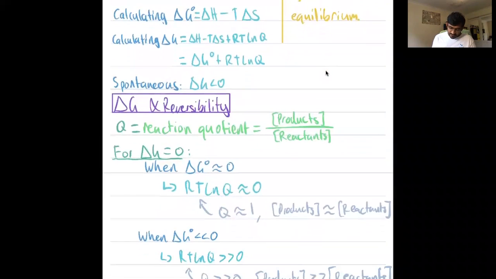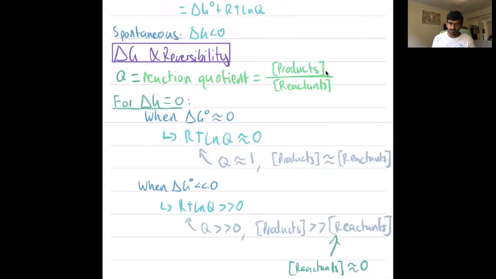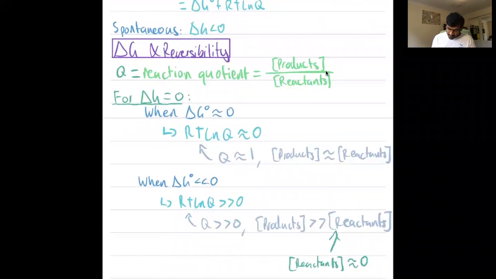And what we said is that for a reaction to be reversible, delta G naught must be approximately equal to 0. And if delta G naught is not approximately equal to 0, so if it's very positive or very negative, the reaction will not be reversible because the concentration of reactants will actually have to be approximately equal to 0, and it will reach a static and not a dynamic equilibrium.